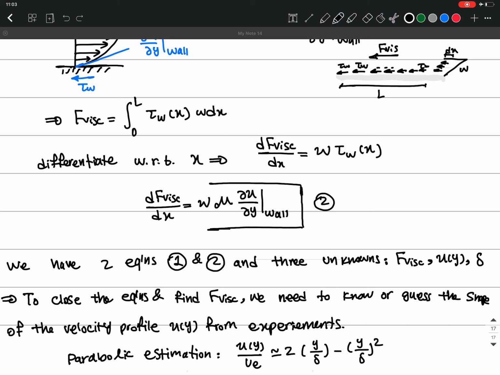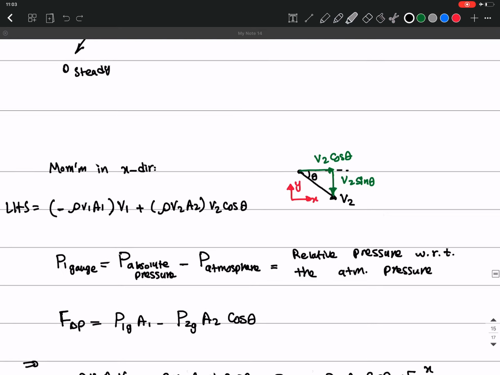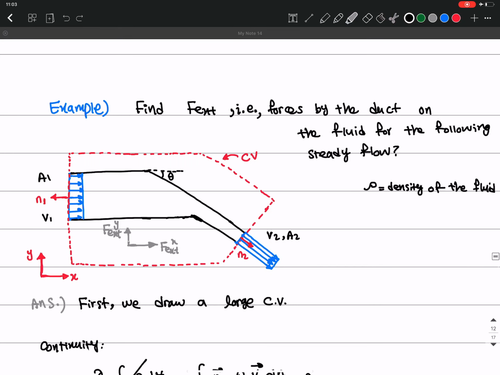Let me just briefly review what we did here today. So first of all, we solved an example for finding the force that this duct exerts on the fluid by using the continuity and momentum equations. And then we wanted to find the drag force that is exerted on the plate by the fluid.